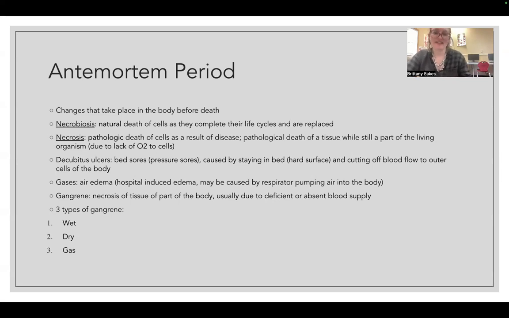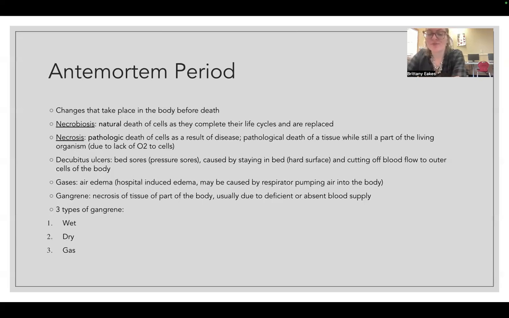So death and life, necrobiosis. Necrosis is different because it's the pathologic death of cells because of disease. And pathological death of a tissue can occur while still part of a living organism due to the lack of oxygen to the cells. So think gangrene.